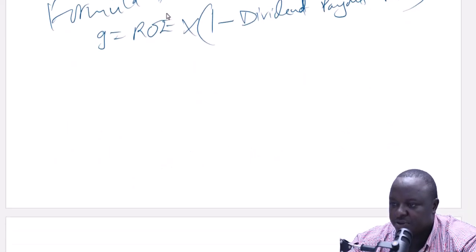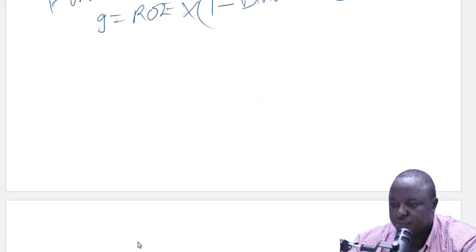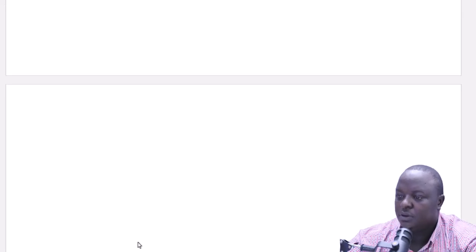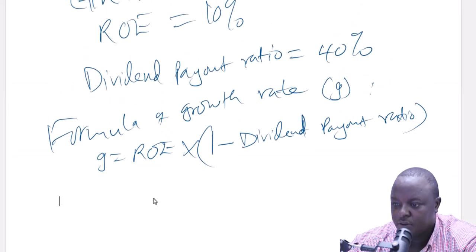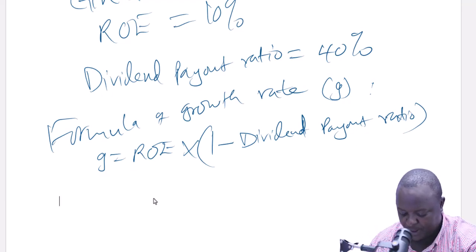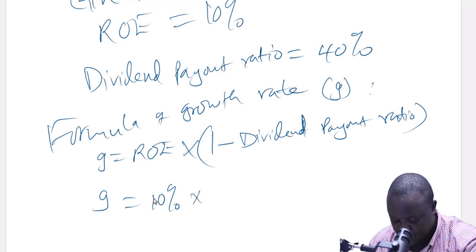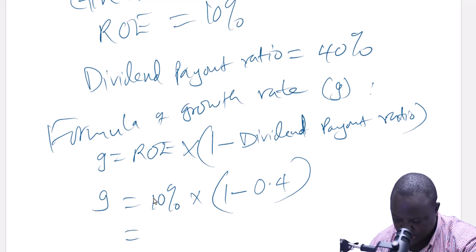Now, in terms of calculation, the growth rate equals the return on equity, which we have been told is 10%, times 1 minus the dividend payout ratio, that is 40% or 0.4.